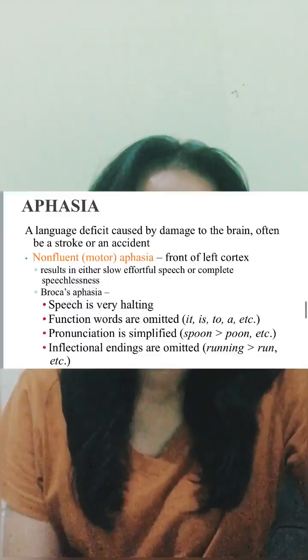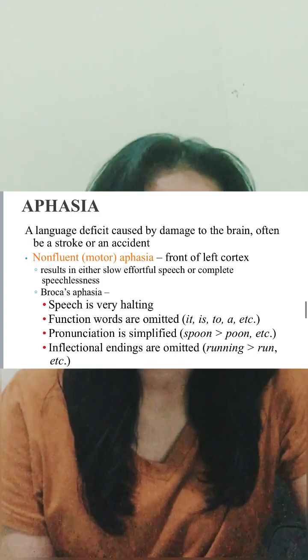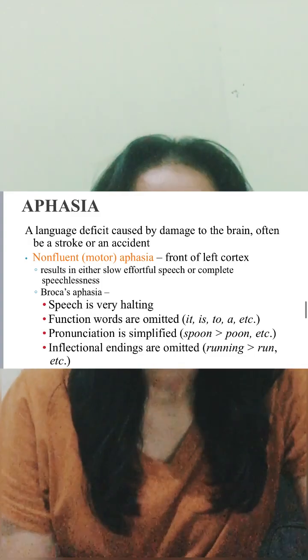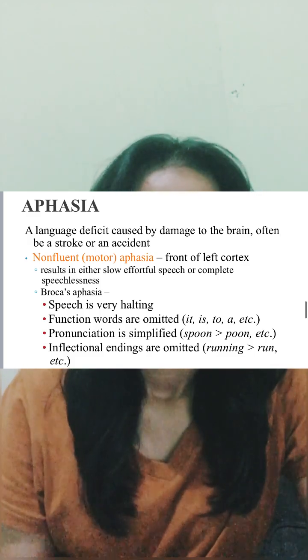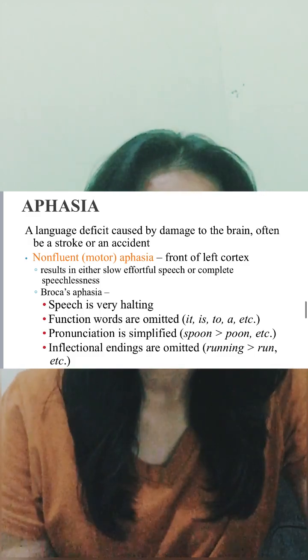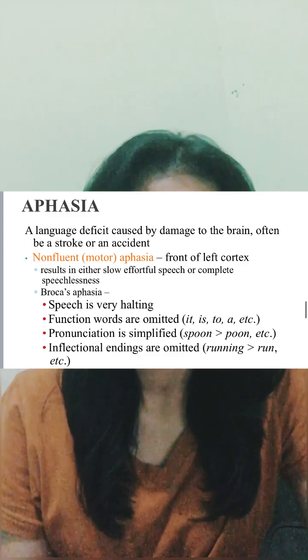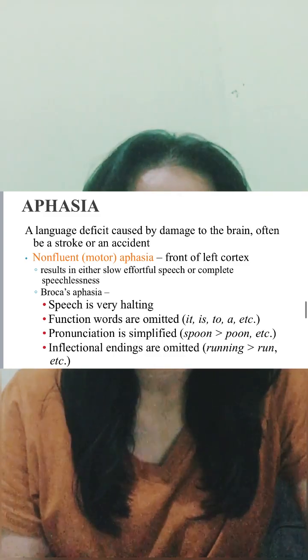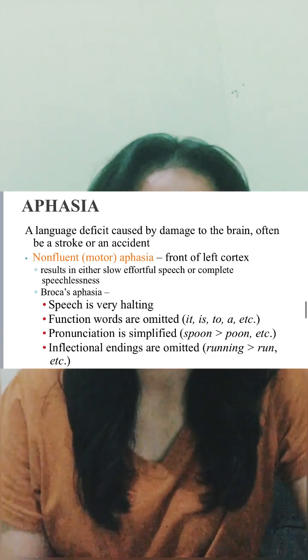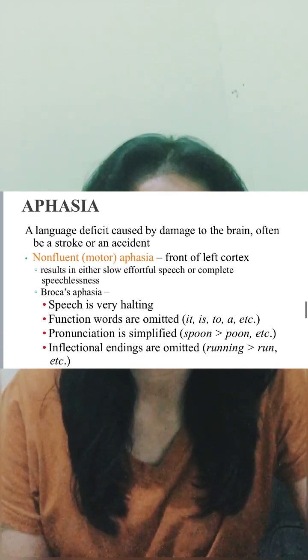How about aphasia? A language deficit caused by damage to the brain, often by a stroke or an accident. Non-fluent or motor aphasia, in the front of the left cortex, results in either slow verbal speech or complete speechlessness.